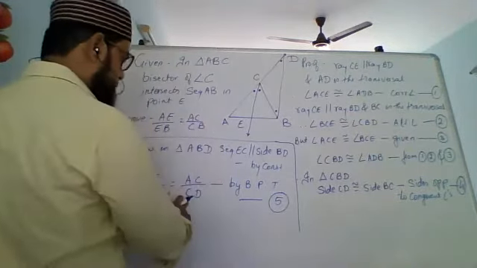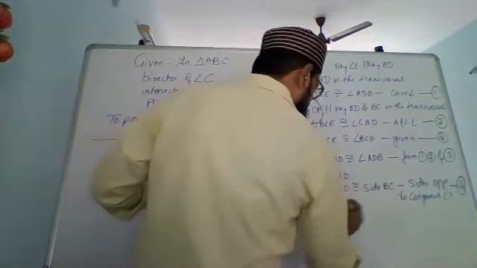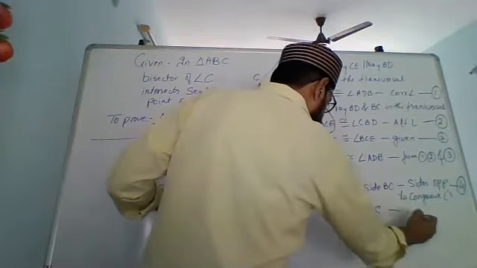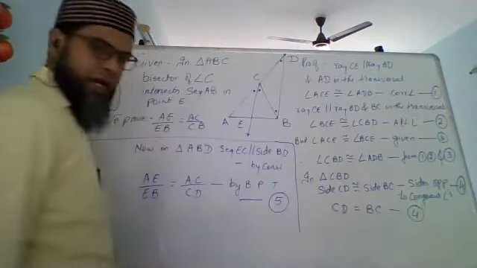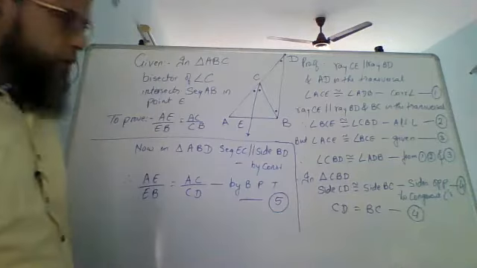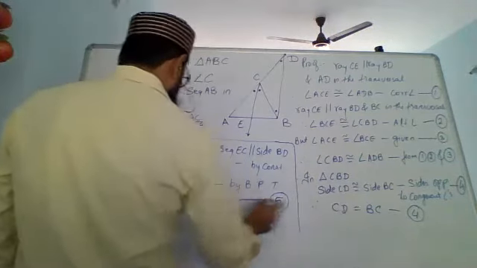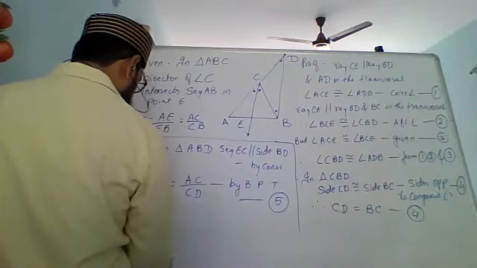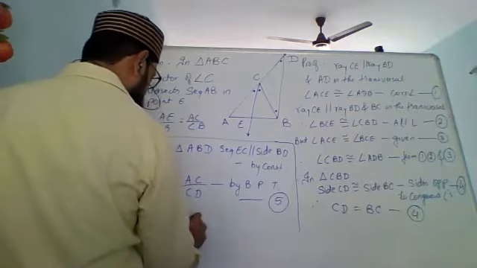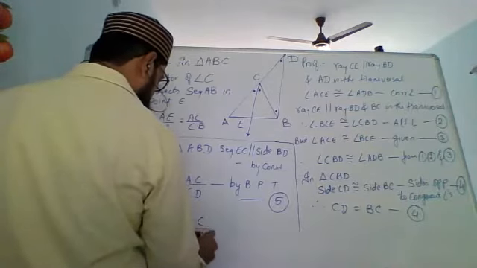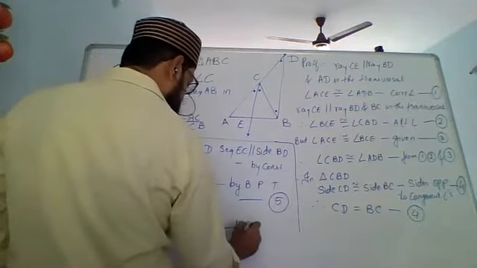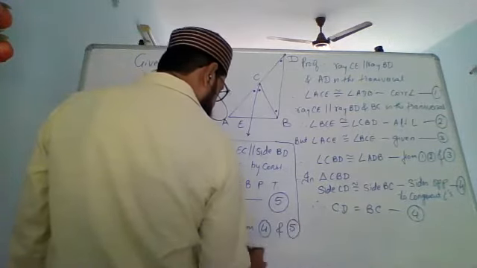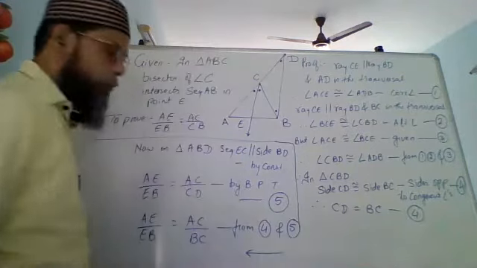Now CD is the same as BC. So over here we will say, therefore AE upon EB equals AC upon BC, from 4 and 5.